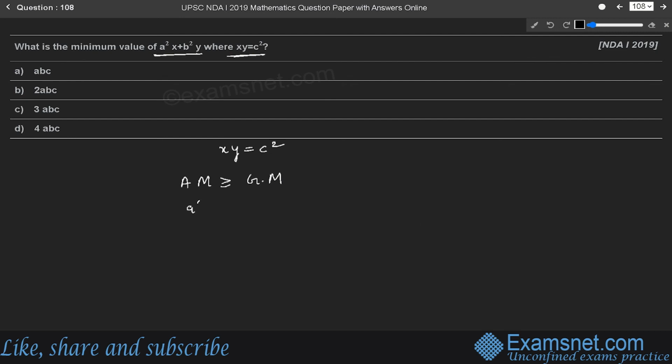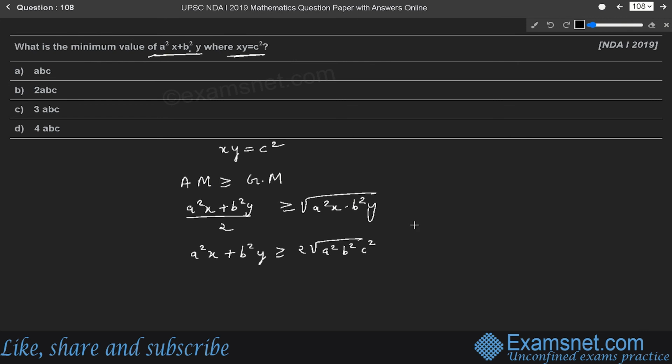Therefore, we can say that a square x plus b square y upon 2 is greater than or equal to under root of a square x into b square y, because a square x and b square y are the two terms here. So further it will be a square x plus b square y is greater than or equal to 2 into a square b square into c square.